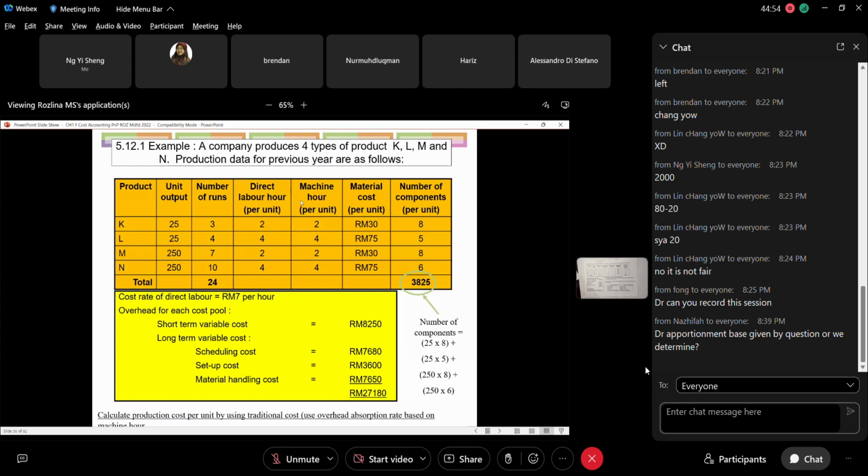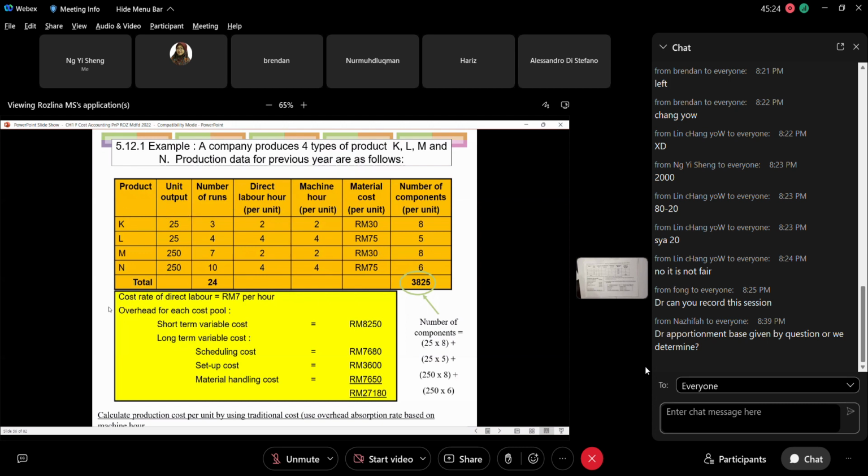Then we also have the data of machine hour, also hour per unit, but this one is machine. Material cost, that means RM per unit: RM30 per unit, RM75 per unit and so on. Then we have number of components per unit. So this is the table that you have to digest first.